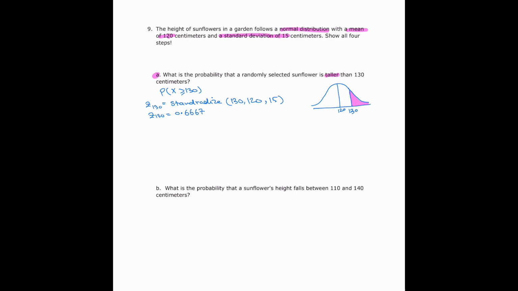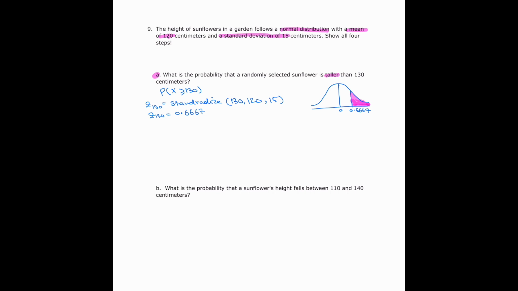So the z-score is positive, which means it's correct because 130 is bigger. If I want to do this again, the mean will be 0, and then 130 will be 0.6667. We know that because this is the standard normal distribution, so the mean is 0 and the standard deviation is 1.